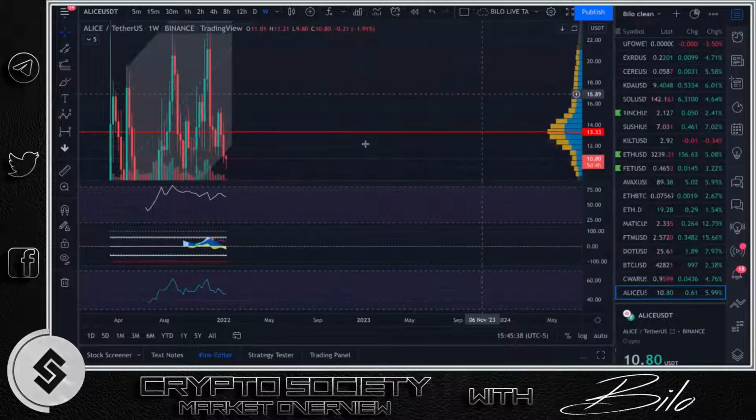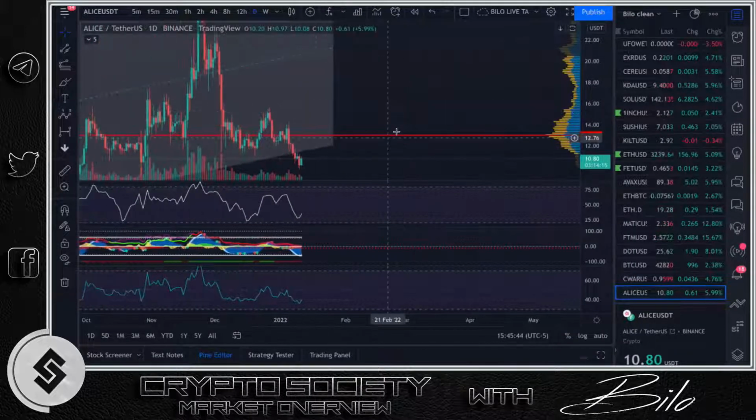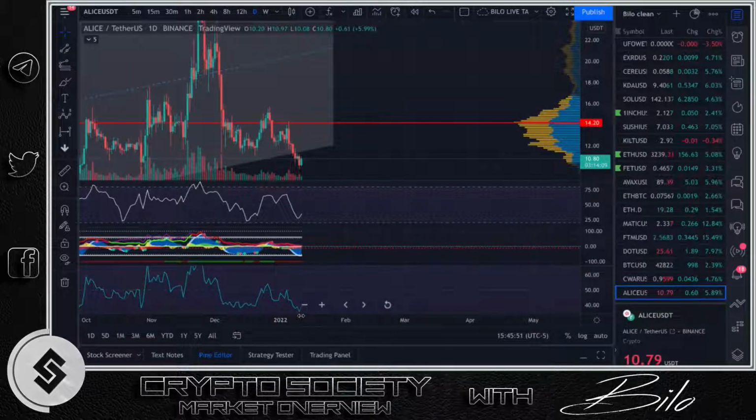On the weekly, it's hard to see because there's not much data. It's new. So if we go to the daily, this is what I was saying earlier. There are no real bullish divergences on RSI because we dropped lower, but we may have some bullish divergence on MFI if we compare this low to this one.